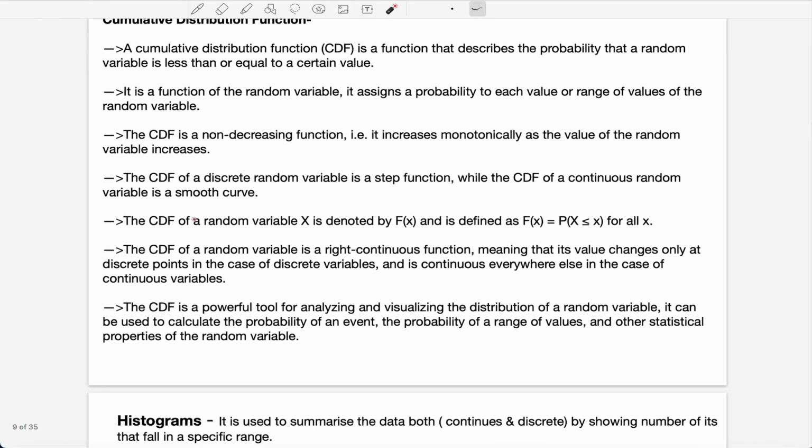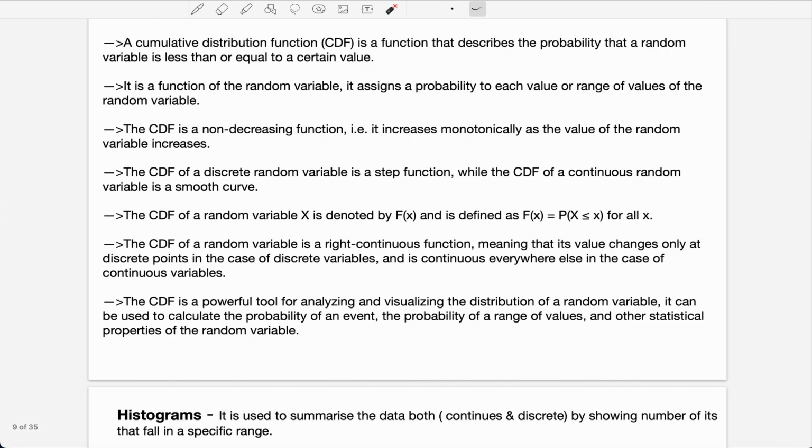It cannot decrease; it is not a decreasing function. It always increases as we have more inputs, as the value of the random variable increases.